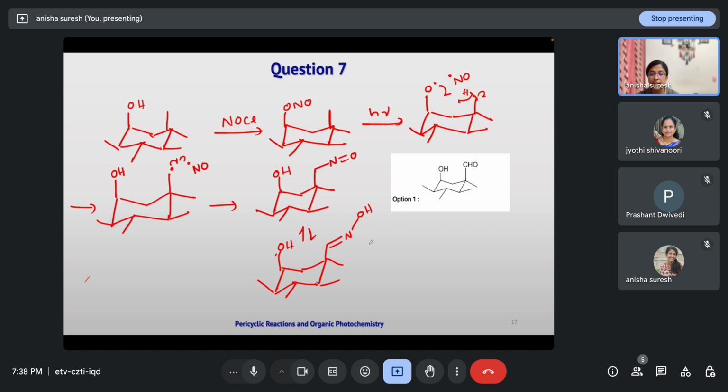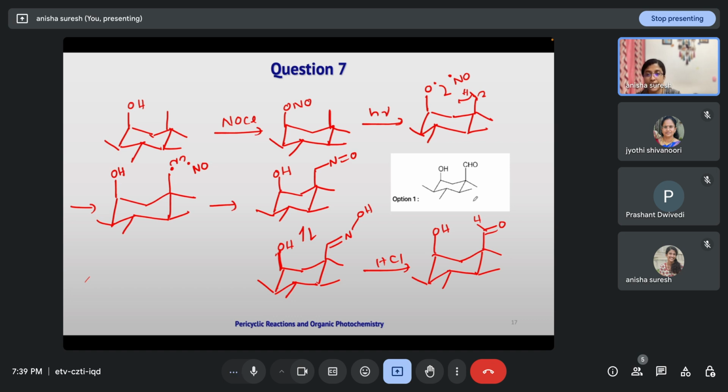Fine. Then what will happen? In the HCl condition, this will undergo hydrolysis, leading to the formation of an aldehyde. Fine. Is the mechanism clear? So option 1 will be the right answer.